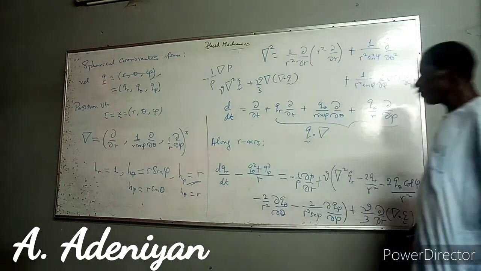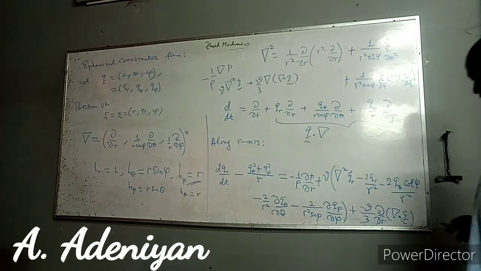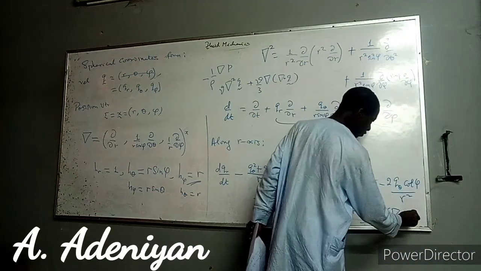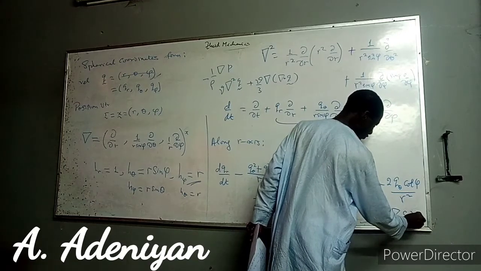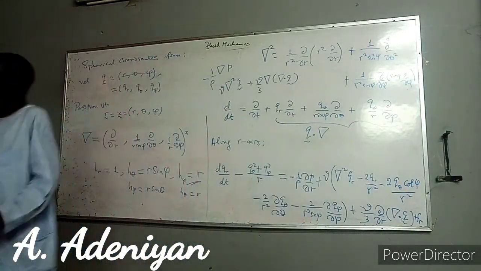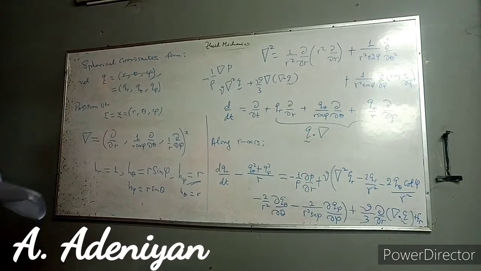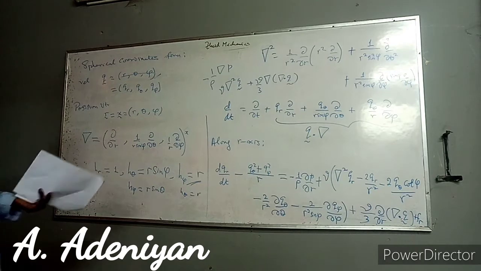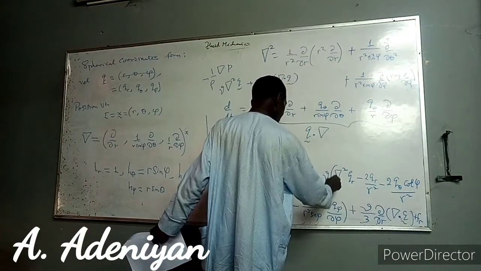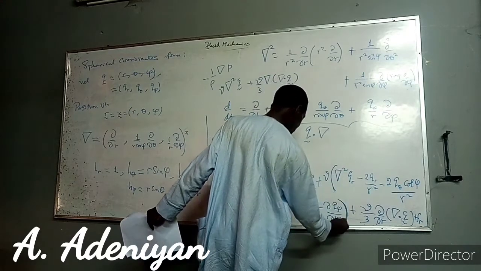Then, if there is a body force per unit mass, we add F along R. That is the component of body force. It's not always very important to put that because you can always add it at the end of the day. Please try to take note of the geometry. This bracket opens here and I close it here.